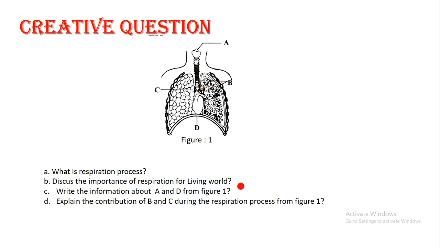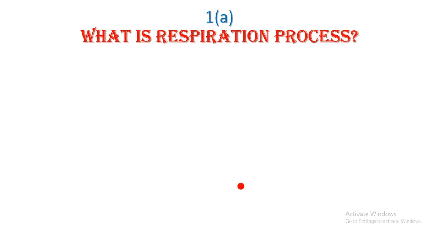So now I am going to discuss the creative part, which is the first knowledge based part. And the knowledge based one: what is the respiration process? Earlier I discussed that. The answer will be the same.